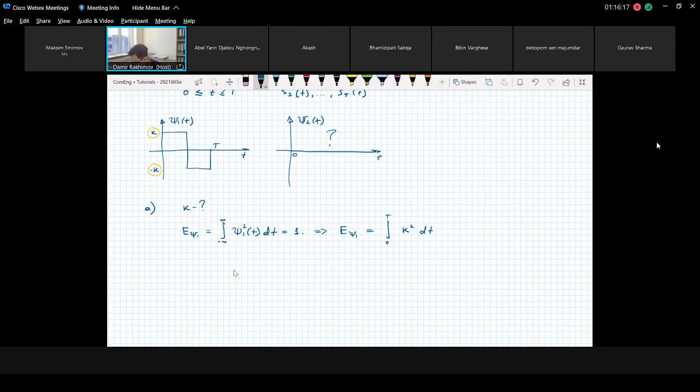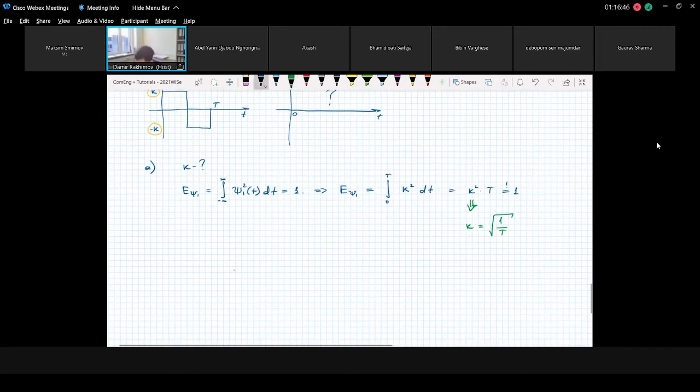As a result, this energy equals k squared times the duration capital T, and it must be equal to 1 by definition for a basis function. From this we find that k equals 1 over capital T under the square root. This is the amplitude for our first basis function. And I can show the basis function again.